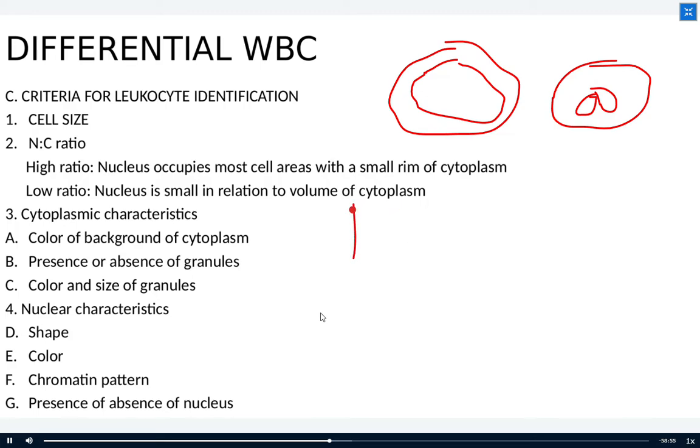Let's test your memory. What's the color of the granules of your neutrophil? The color. Give me the exact color, the exact term that we use. The exact word for the color.